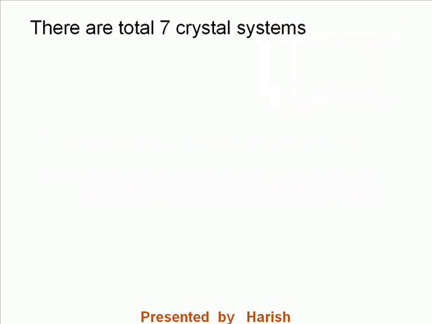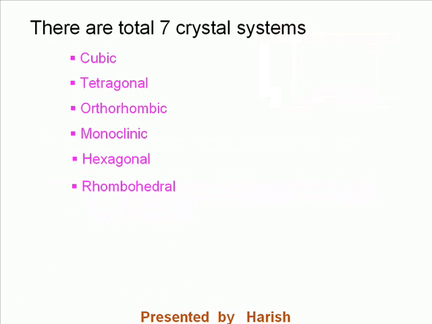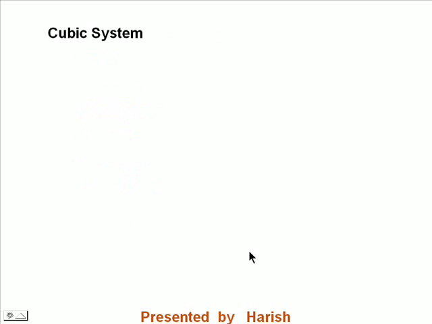So there are a total of 7 crystal systems. I'll just go through them: cubic, tetragonal, orthorhombic, monoclinic, hexagonal, rhombohedral, triclinic. I'll come back to all of them again, but let me first concentrate on the cubic system.